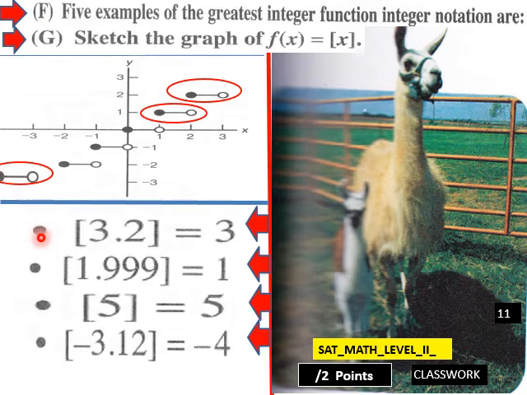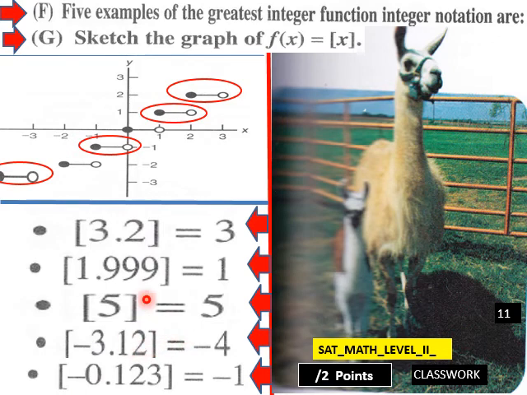The next greatest integer for that one would be negative 4. And then for negative 0.123, it would be negative 1. We'll be reverting back to the next greatest integer, negative 1.